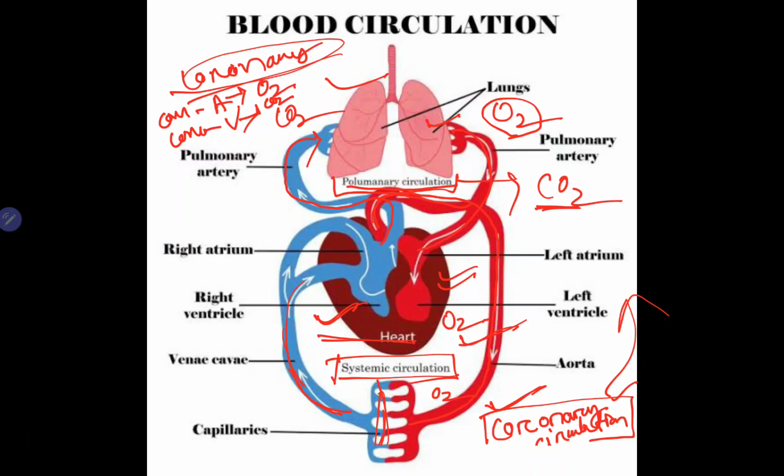So there are two kinds of blood vessels present all over the heart muscle, which carry oxygenated and deoxygenated blood, essential only for the functioning of the heart itself.